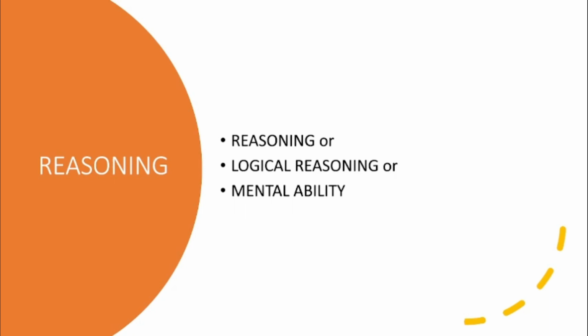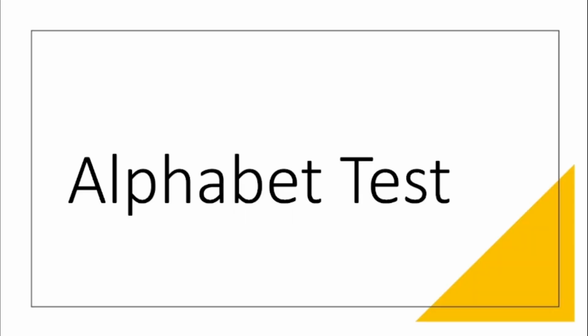So, in the series of the reasoning chapters, today's topic for our session is alphabet test. There are a number of types of questions in this alphabet test, but very few are frequently asked in exams, which I personally encountered.